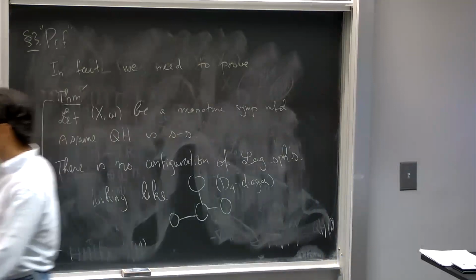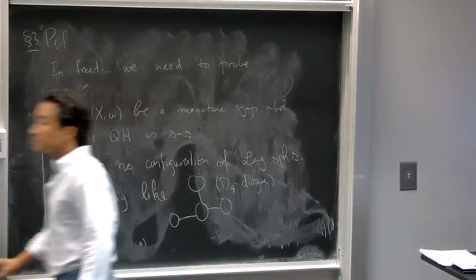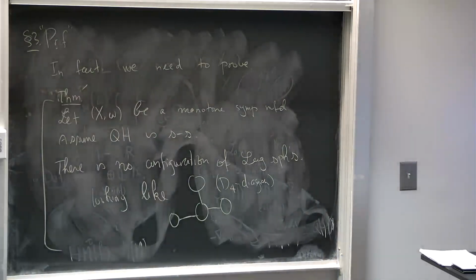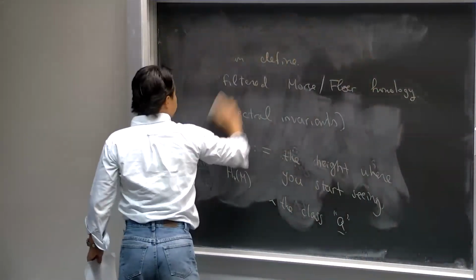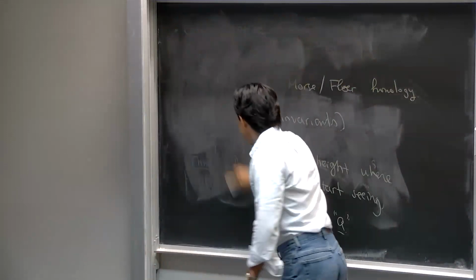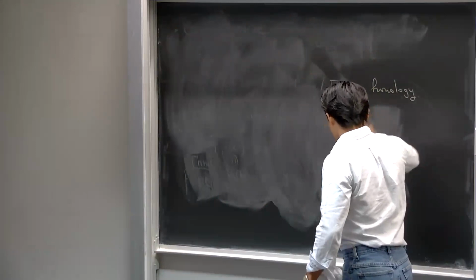And why is this enough? What do Lagrangian spheres have to do with this? In fact, the reason why symplectic geometers like degenerations is that degenerations produce Lagrangian objects.